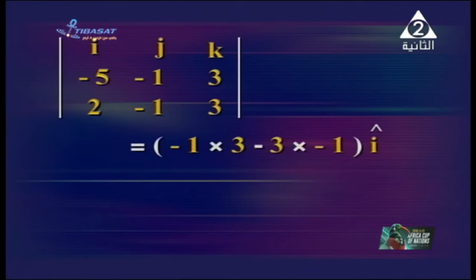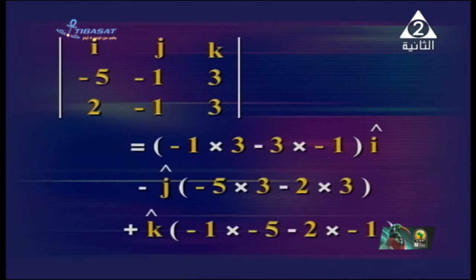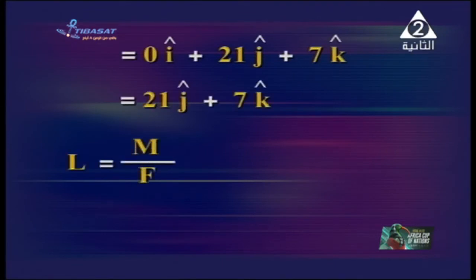In direction i, in direction j, in direction k. Remember, the signs of the first row are positive, negative, positive. I positive, J negative, K positive. Then we deduce that the answer is 21j plus 7k.